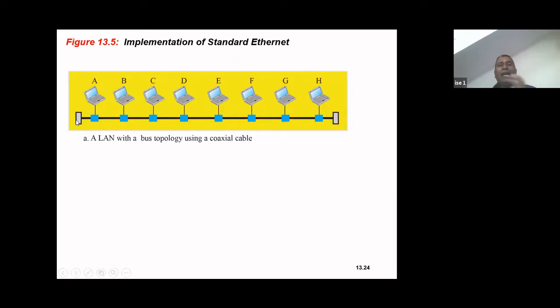The tap will simply take the frame and destroy it. It will not release the frame back into the network, so the frame will not rebound.